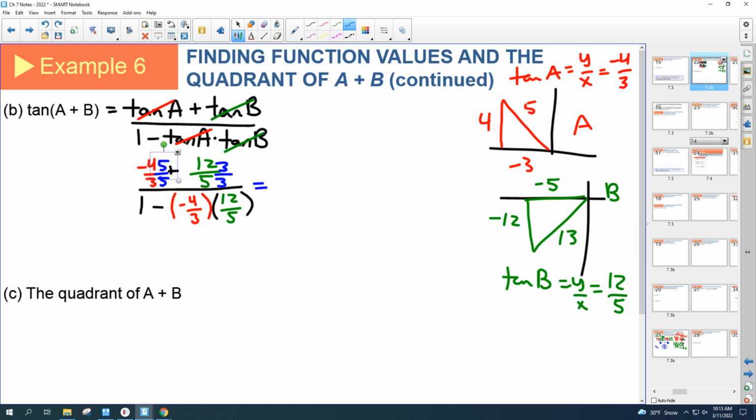Negative 4/3 times 5/5, that's negative 20/15 plus 12/5 times 3/3, that's 36/15. Okay. And all that's going to be over 1. Notice it's minus minus, so that's going to be a plus there. I can multiply these, and that's 48/15.